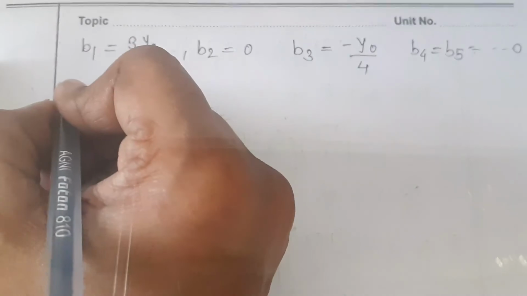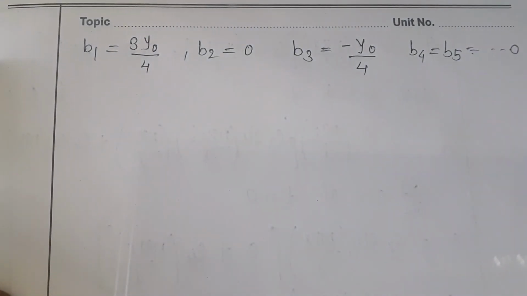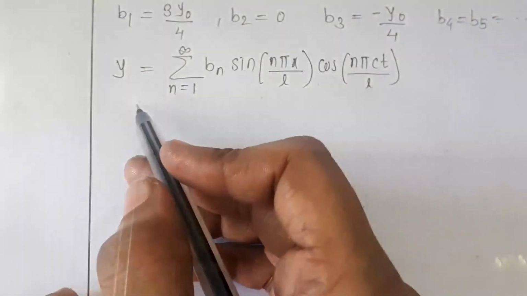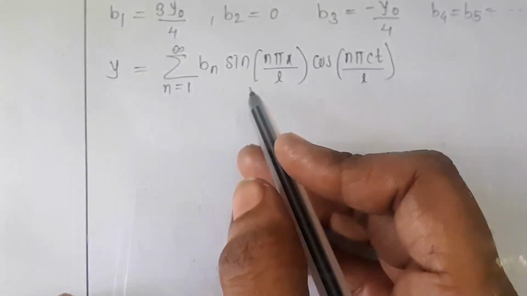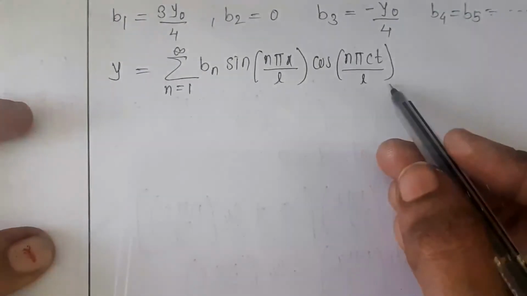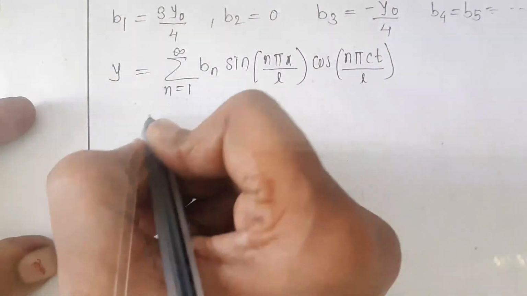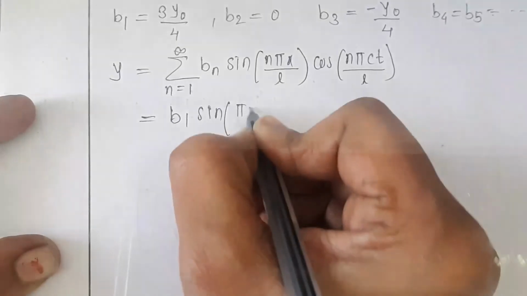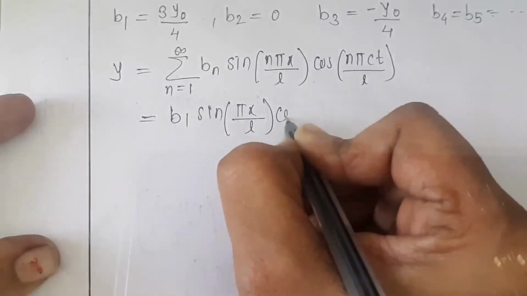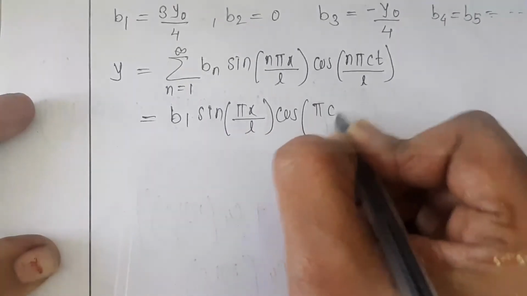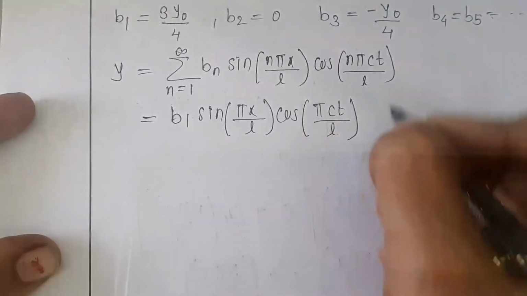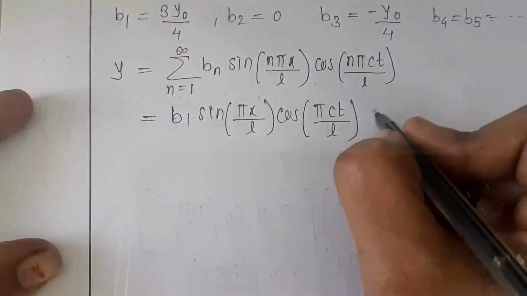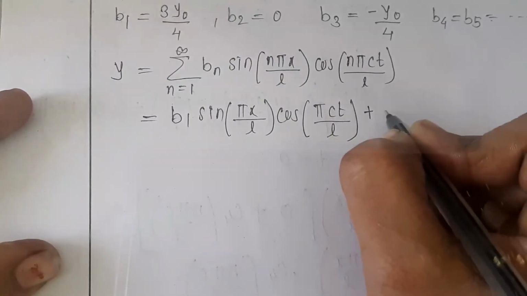Substituting these values in equation 4, we obtain the solution as y is equal to summation n is equal to 1 to infinity Bn. This is our equation number 4. Now put n is equal to 1, we get B1 into sin of pi x by L multiplied by cos of pi ct by L. Put n is equal to 2, the B2 value is 0.